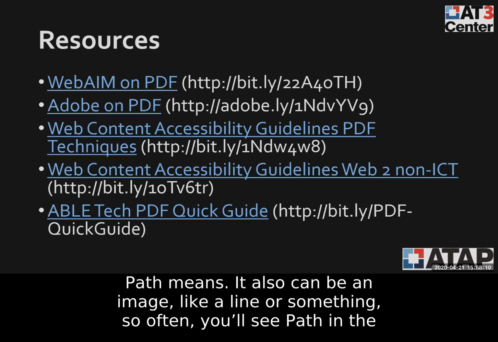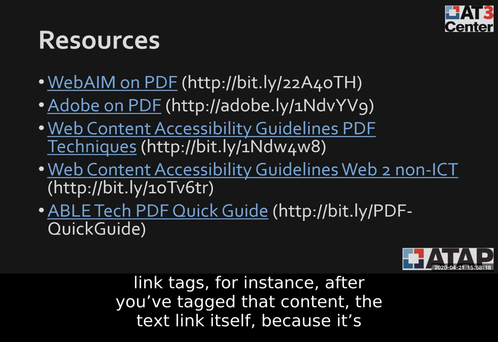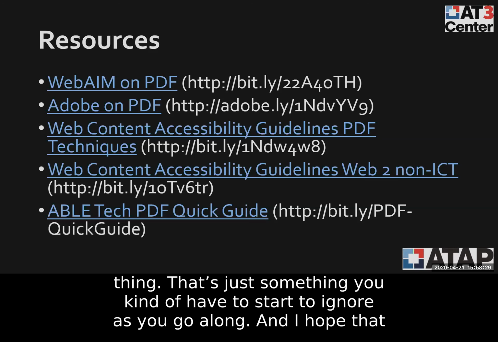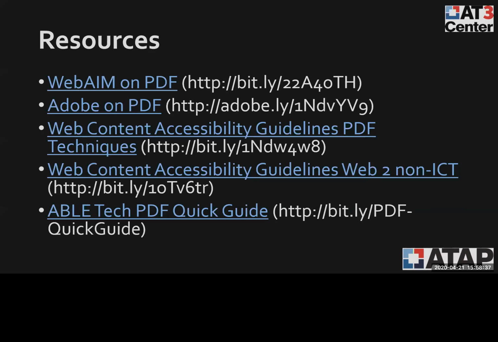It also can be an image, like a line. Often you'll see path in the link tags, after you've tagged the text link itself, because it's got an underline. That underline is going to be a path, but path isn't a bad thing. It's just something you have to start to ignore as you go along, and I hope that answers your question.